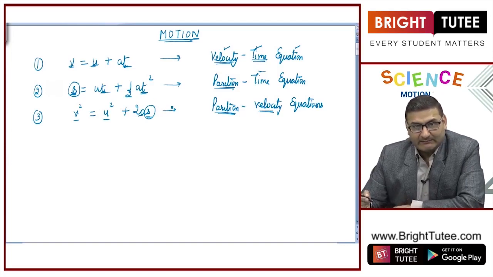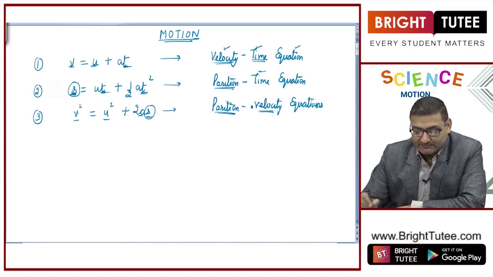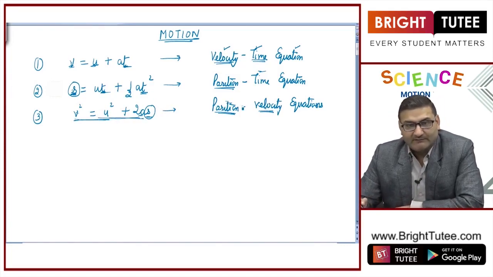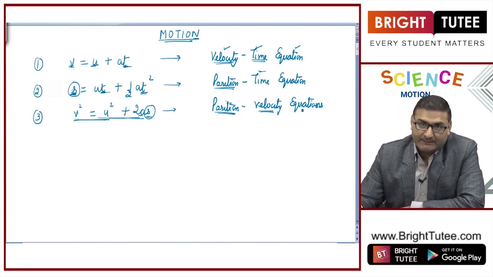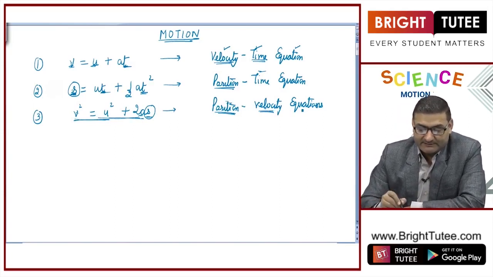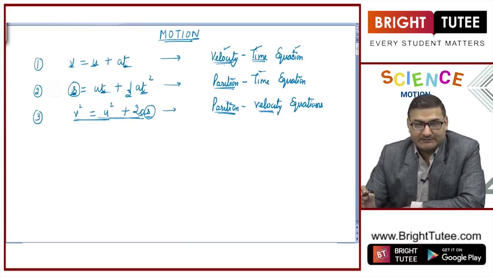Are you trying to relate what I am trying to say? It is position and velocity that are primarily given in this equation, that is why it is called the position velocity equation. So I repeat, the first equation, in which T, time, and velocities are given, is called the velocity time equation.